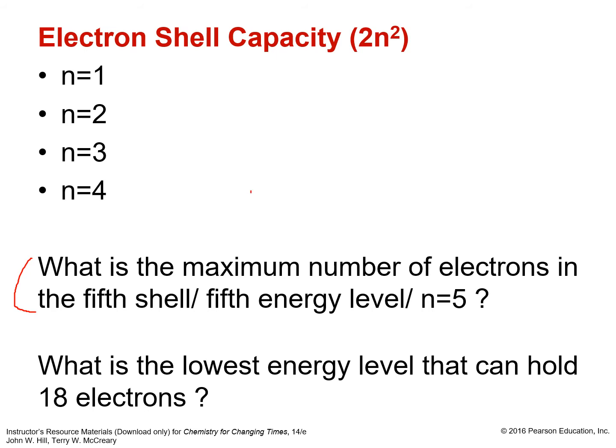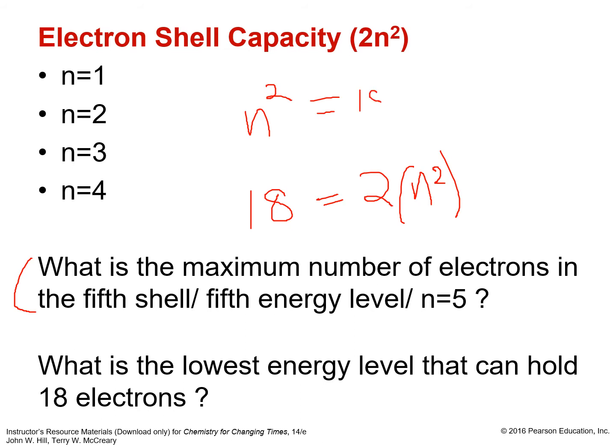You know your number of electrons, 18, is equal to 2n squared. So your n squared will be equal to 18 divided by 2, which is 9. And you know that 3 squared is 9.